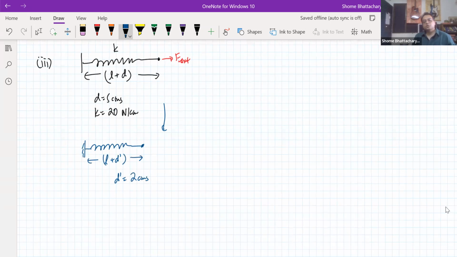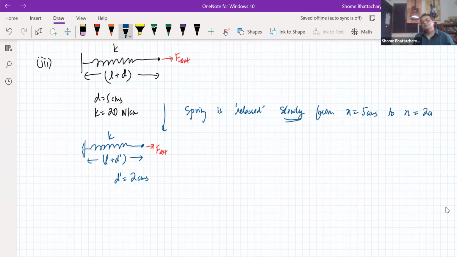So the spring is allowed to relax very slowly by the external agent from x equal to 5 centimeters to x equal to 2 centimeters. So the spring is relaxed slowly from a state of extension of 5 centimeters to a state of extension of only 2 centimeters.